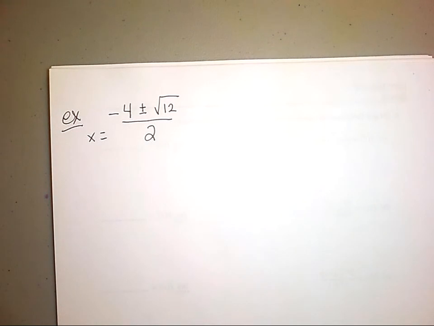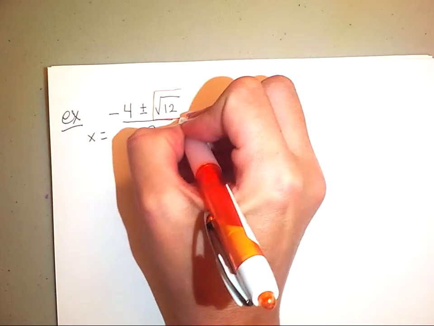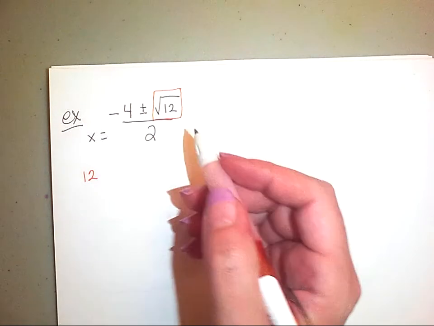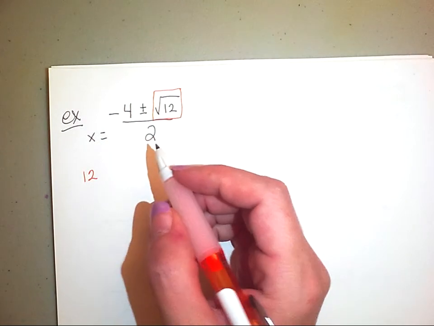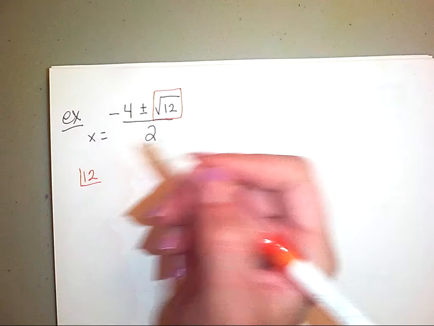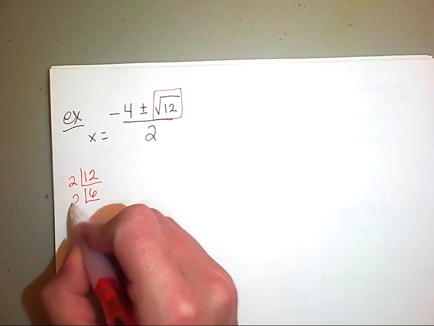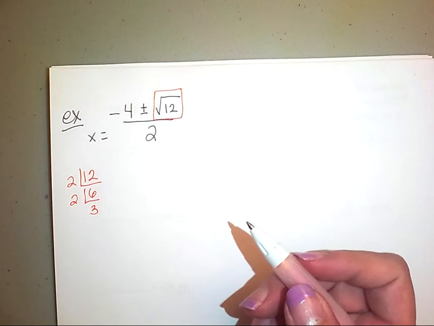Now, we have to simplify this. Always simplify your radicals if possible, so let's start there. Let's see what we can do with the square root of 12. Remember how to simplify radicals. We need to take the prime factorization. So 2 goes into 12 6 times. 2 goes into 6 3 times.